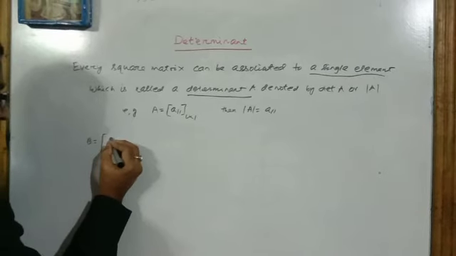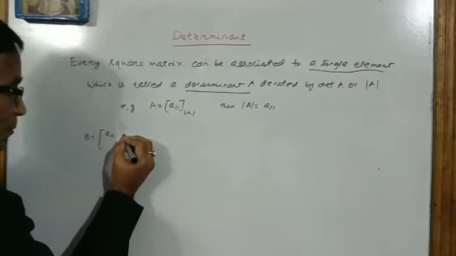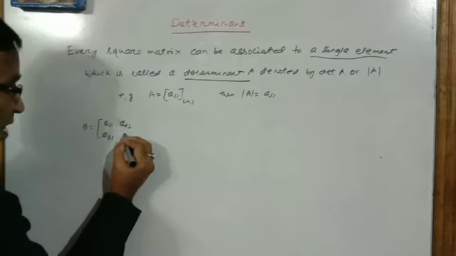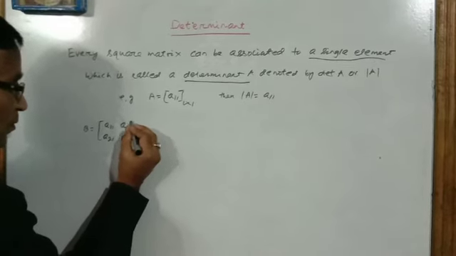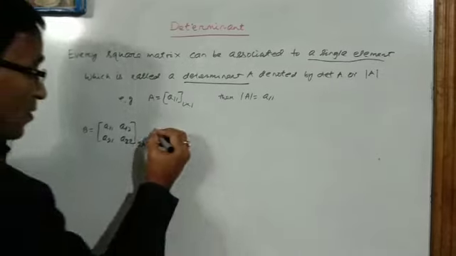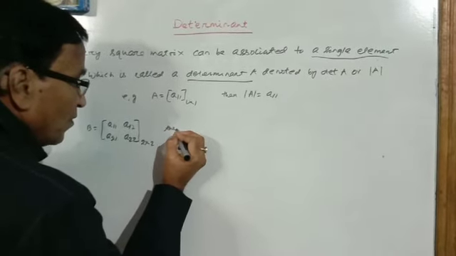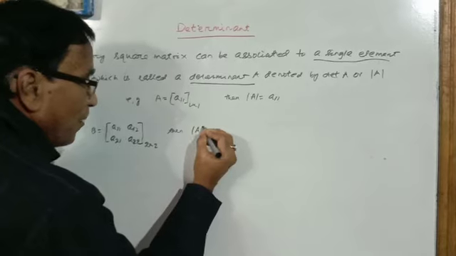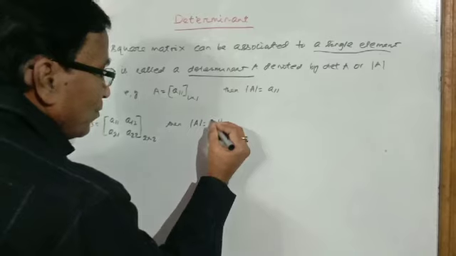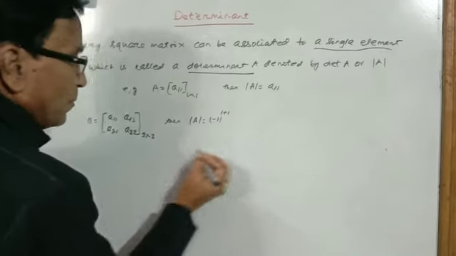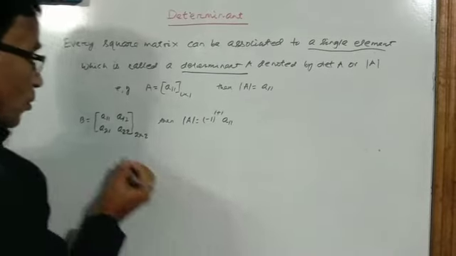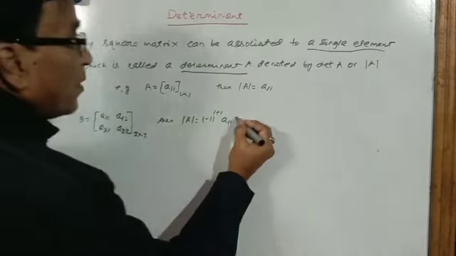Again, if we take B as the square matrix A11, A12, A21, A22, which is a square matrix of order 2 cross 2, then determinant of B is defined as (-1) whole to the power 1 plus 1 into A11 into the determinant of A22.